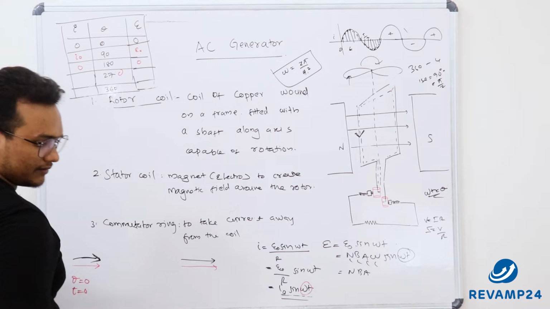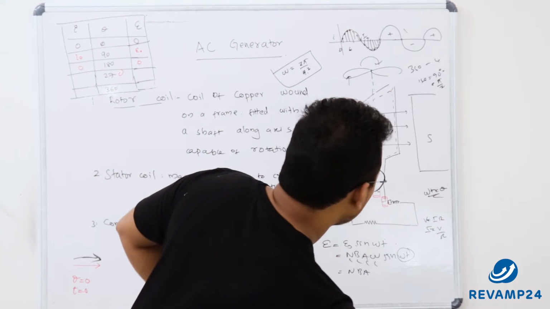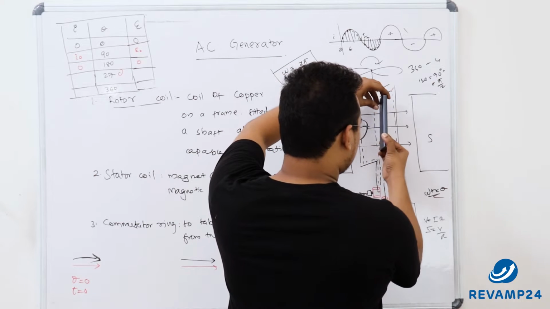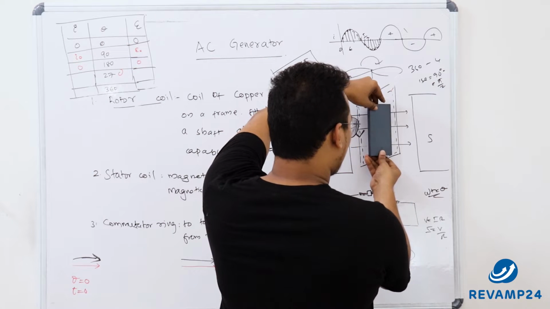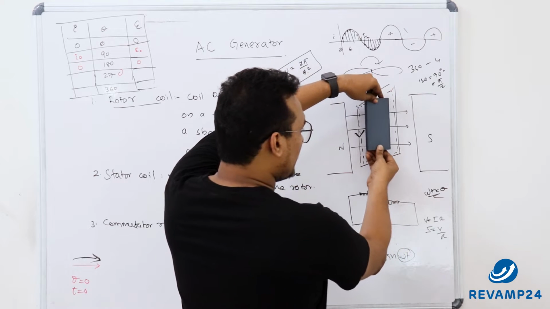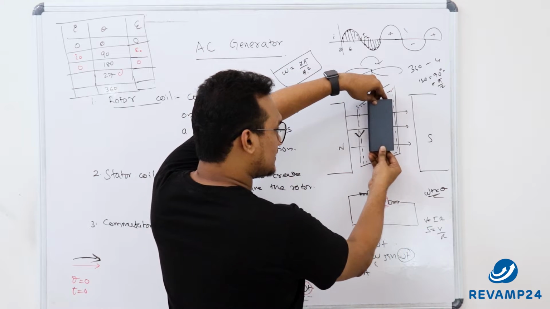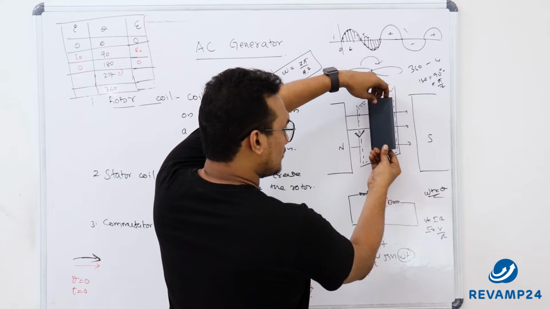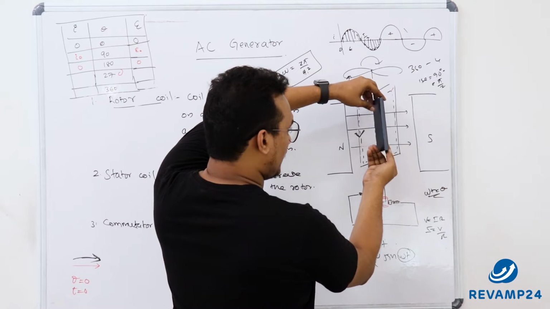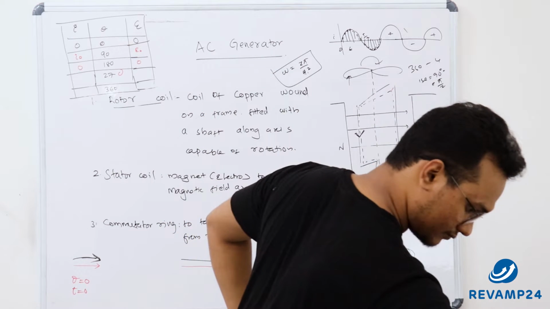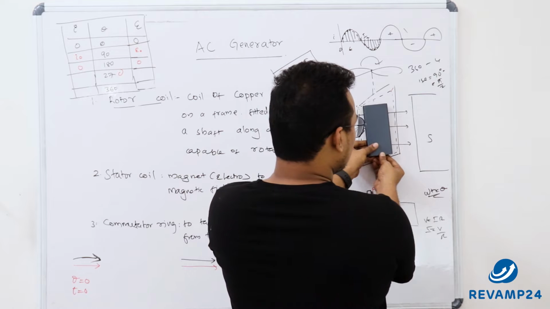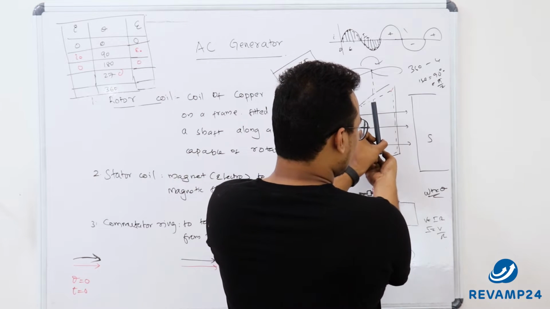Now at 270, so this is the first case, rotated in this way. Now from here while it goes to 270, it goes in this way, right? Now 360, it goes in this way. So 0, this is the initial position.